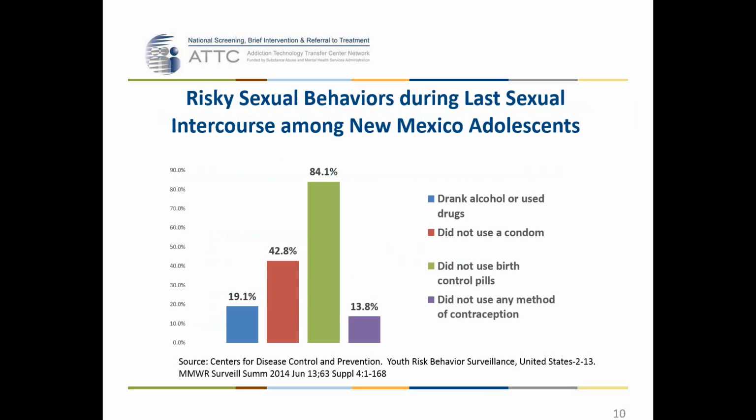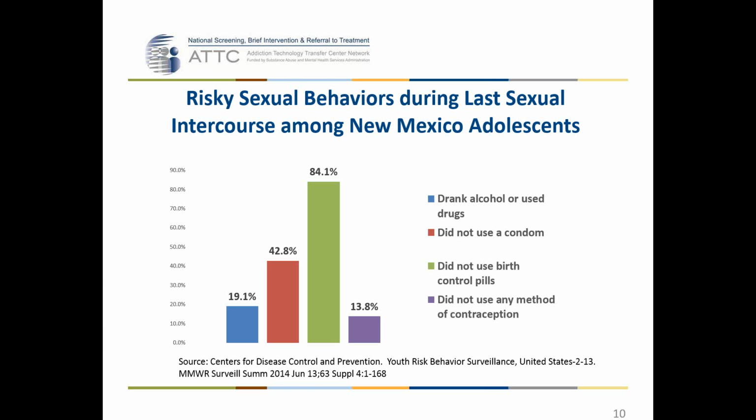Risky sexual behaviors during last sexual intercourse among New Mexico adolescents, and again, this is from the Youth Risk Behavior Survey from the Centers for Disease Control. And as you can see, 19.1% drank alcohol or used drugs during their last sexual encounter.